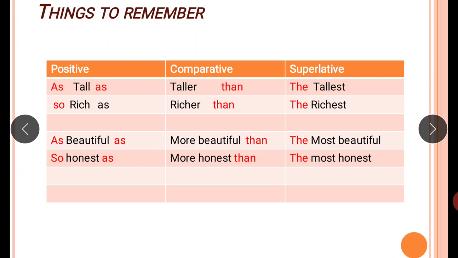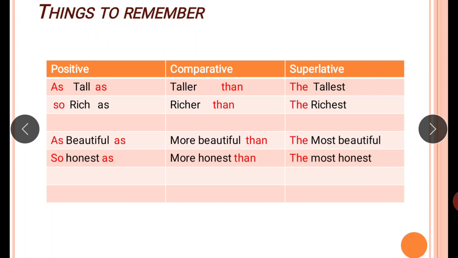What do we do when we change a positive degree to a comparative degree and that to a superlative degree? When you read the adjectives, the first word is tall; in comparative, taller; in superlative, tallest. Rich, richer, richest.